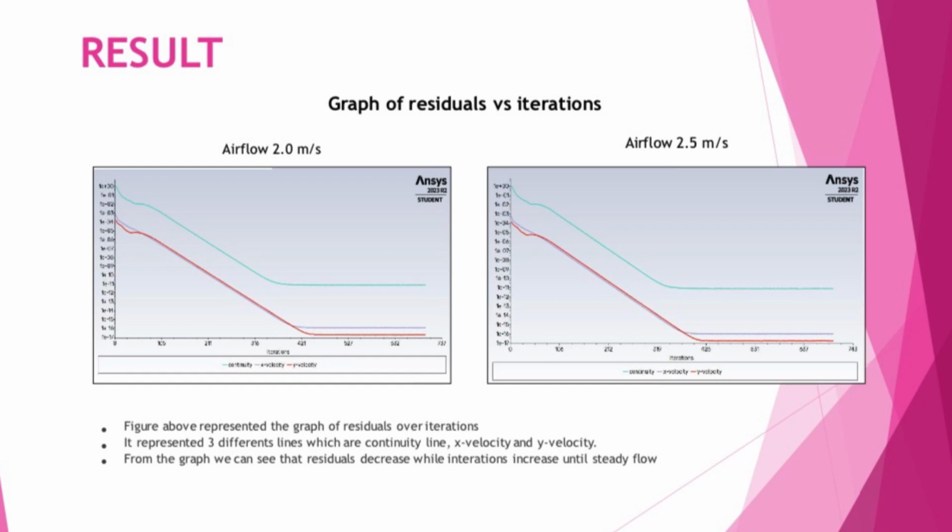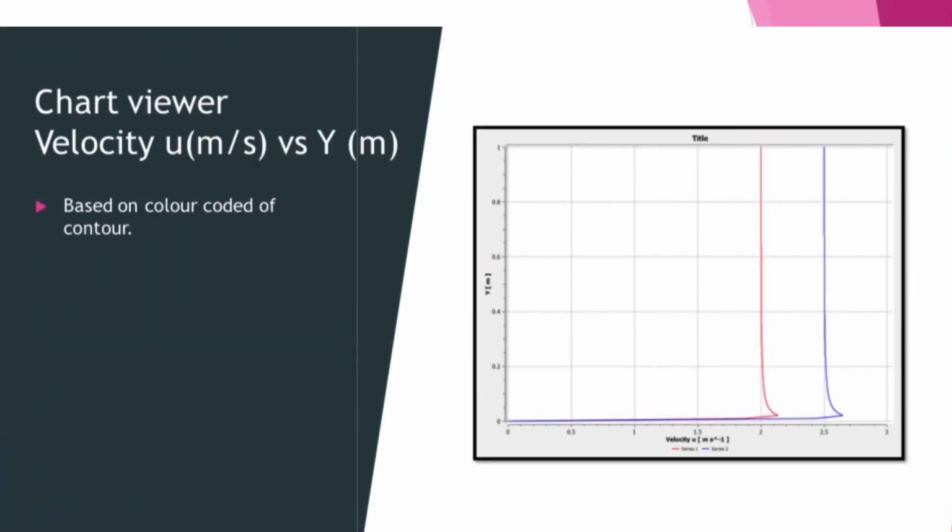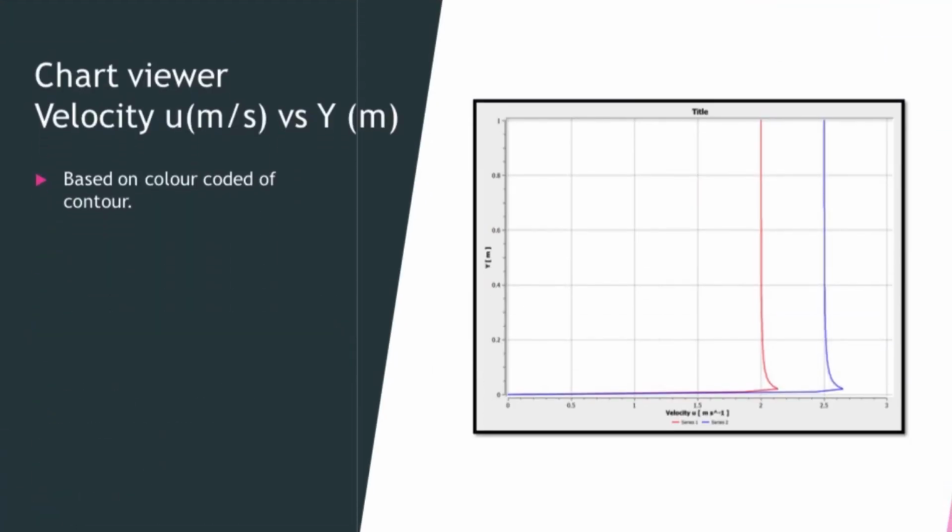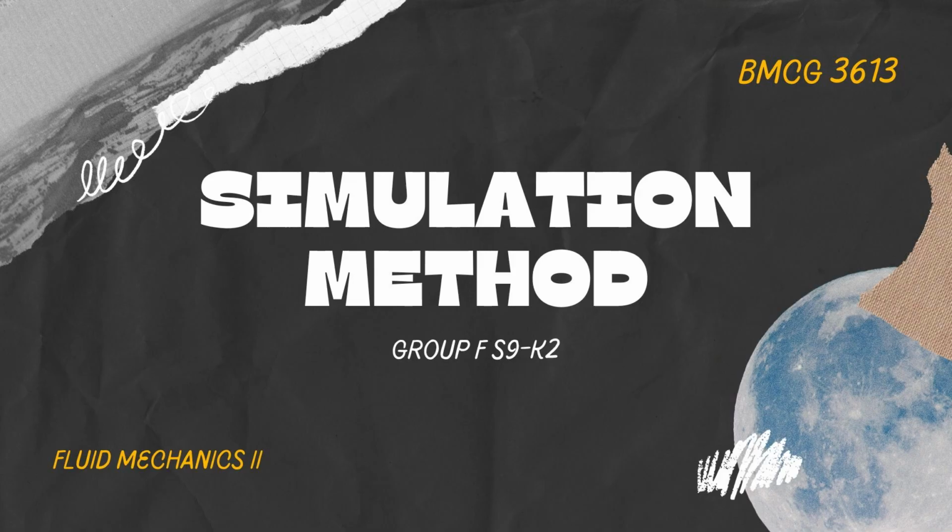From the graph, we can see the residual decreases while iteration increases until steady flow. And the last one is the chart of velocity u over y. This chart is based on the color code of contour, and we can see the velocity 2.5 is more than velocity 2.0. That's all. Thank you.